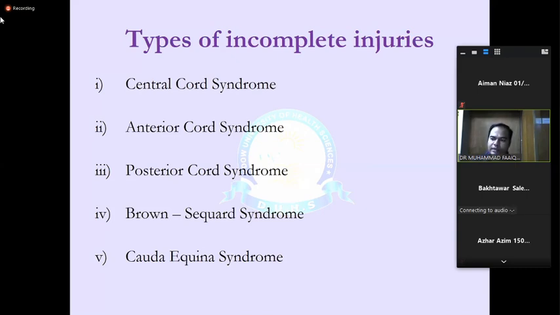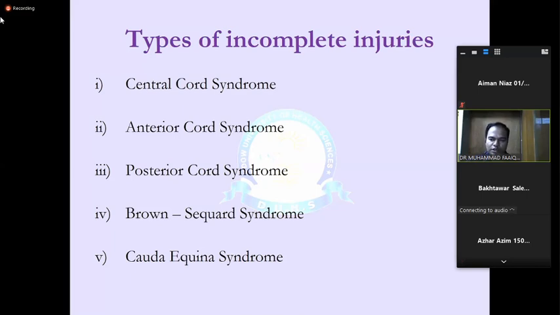Actually, in complete cord injury, you cannot do anything. A neurosurgeon cannot do anything in complete cord injury, because whatever surgery you perform, the patient has a deficit which is complete. You cannot revert this deficit. But in incomplete cord injury, if you do not perform surgery, if you do not give attention, this incomplete cord injury will convert into complete cord injury.